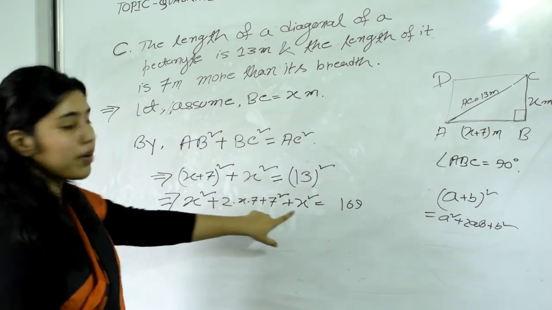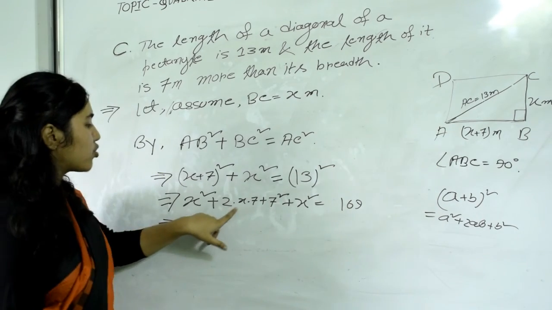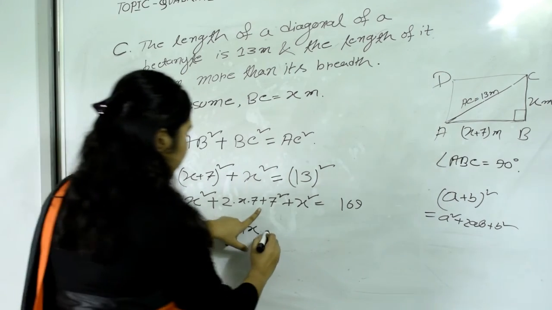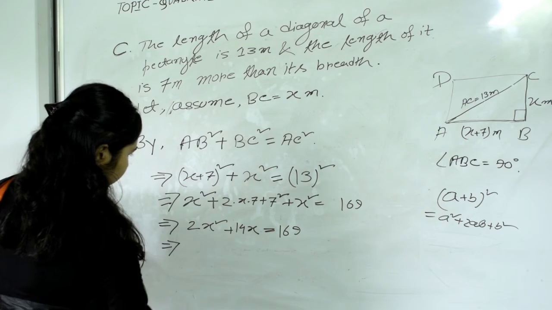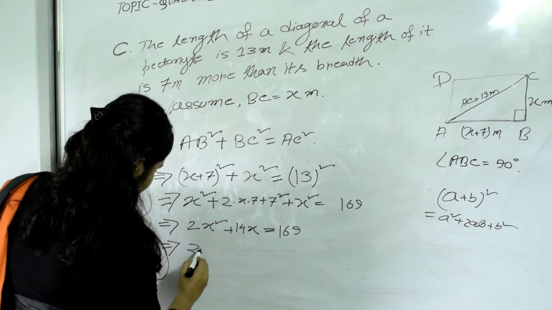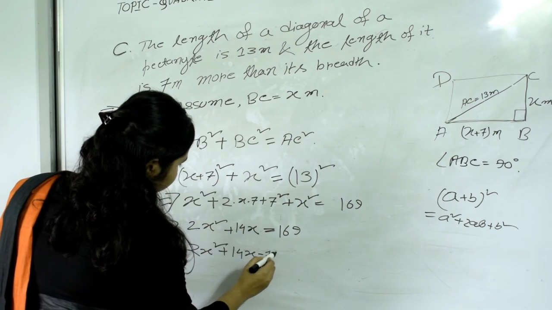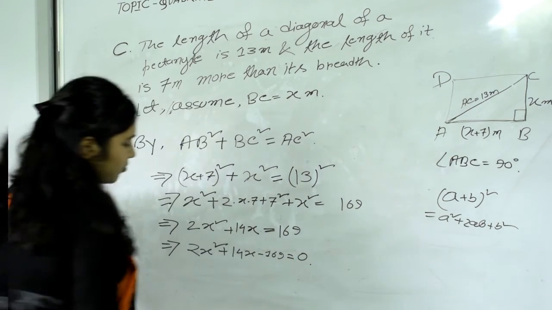Next, x square plus x square, 2x square, 2 into 7, 14x is equal to 169, right? 2x square plus 14x minus 169 is equal to 0.